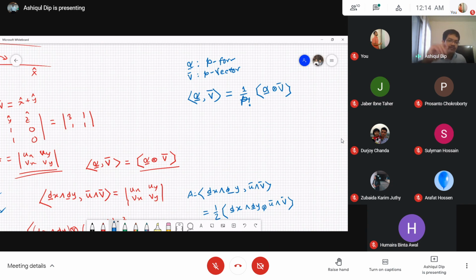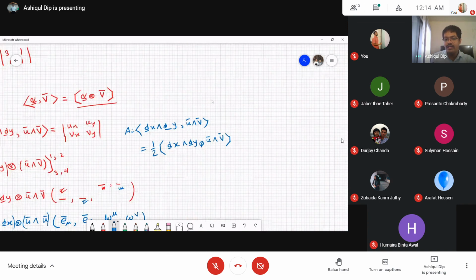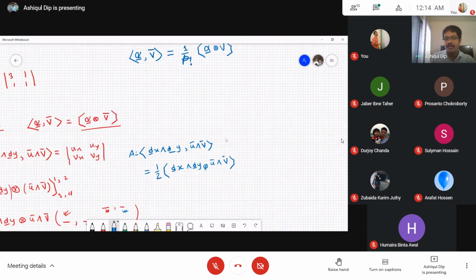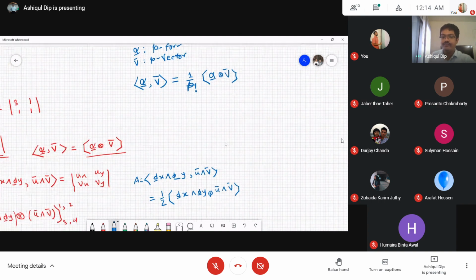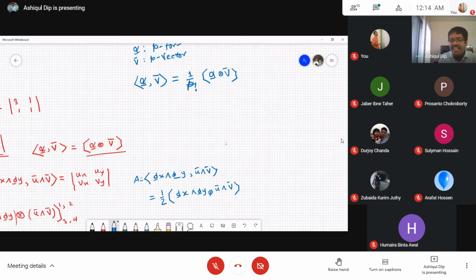You can try it for three dimensions as well. So finally we are in a position to actually give you something. For a basis p form and a basis p vector, if you have a piercing between those two, then you have everything.